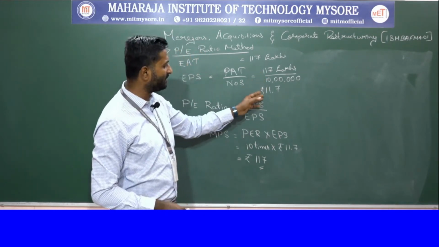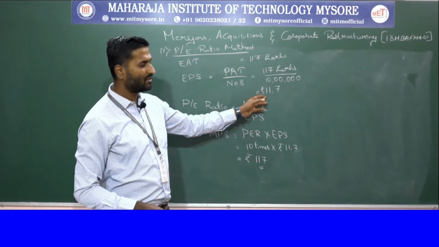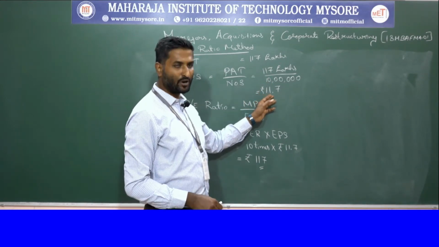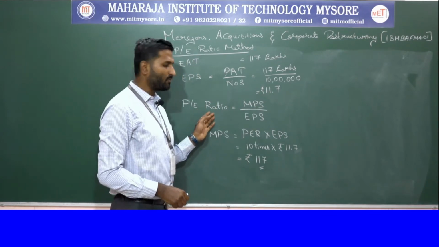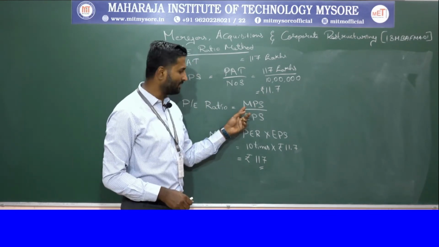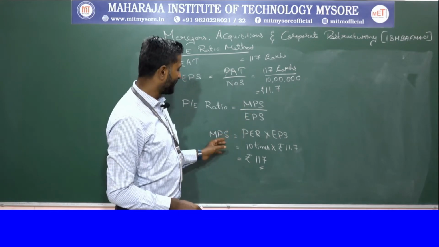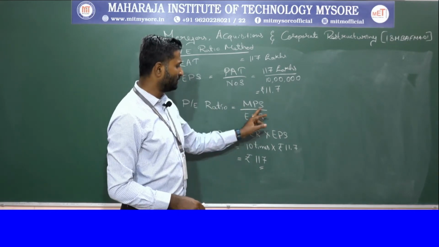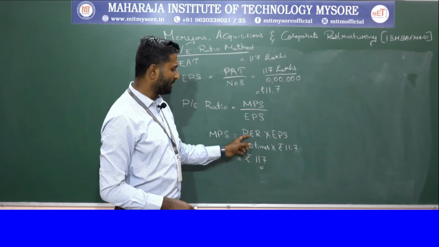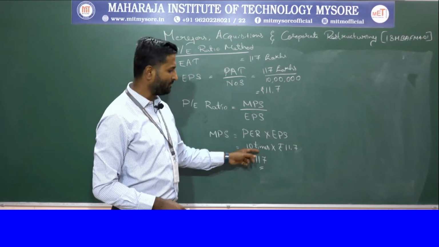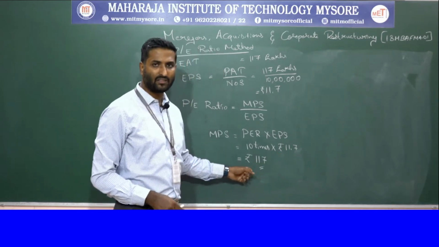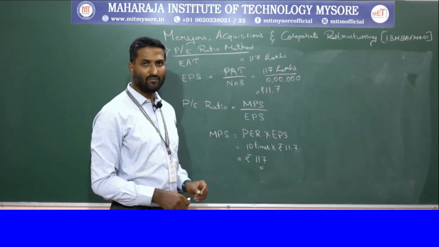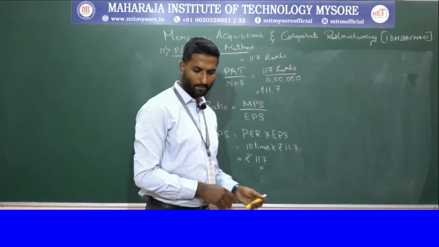So when we divide, we result in EPS, earning per share, of 11.7. After that we make use of the P/E ratio formula to determine the MPS. So MPS equals PER into EPS. Then the P/E ratio they have given is 10 times, and we multiply with 11.7 and result in 117 rupees as a market price.